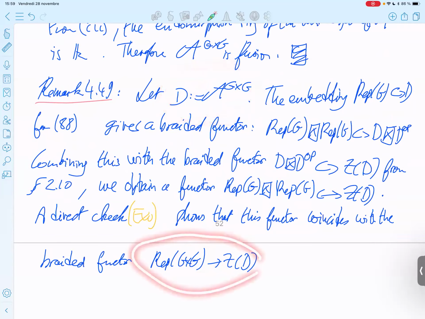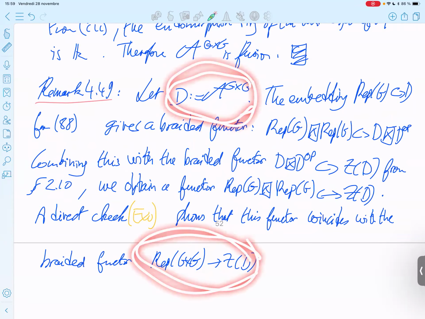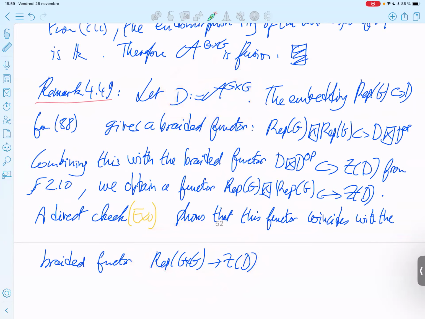We know that this satisfies this by some previous section, because there is a kind of central functor from that to that, so we go through that. And the exercise is to show that this functor is the same as this functor via the Deligne tensor product. Explain here.